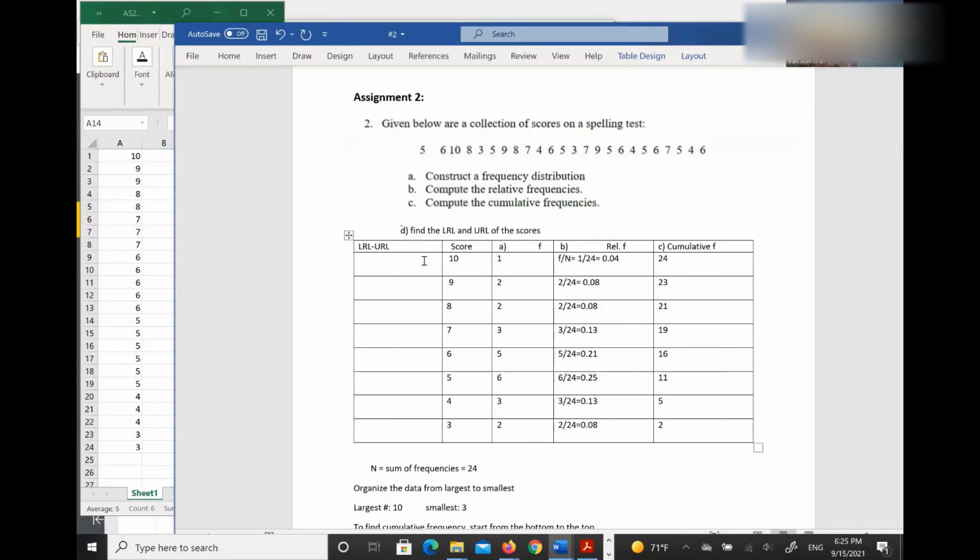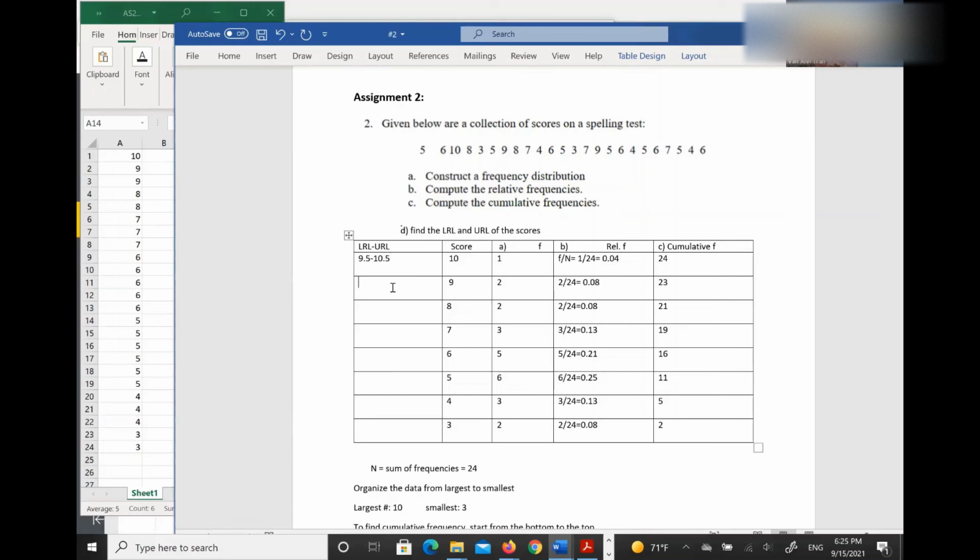Yes, so in this case, you subtract 0.5 to get the lower limit, which is 9.5. And then you add 0.5 to 10 to get the upper limit, which is 10.5. And that's how you do it.